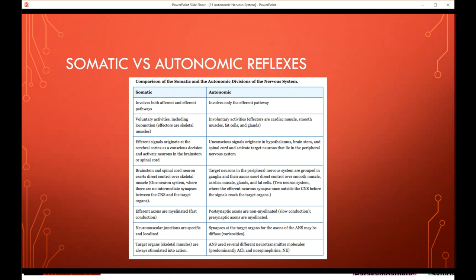It's all involuntary activities. For the somatic, the neuromuscular junctions are very specialized and specific, right? So they're hitting just those specific muscles that we want them to respond. But in the case of autonomic, we have the synapse at the target organ, and it can actually diffuse. Remember those varicosities that we talked about.